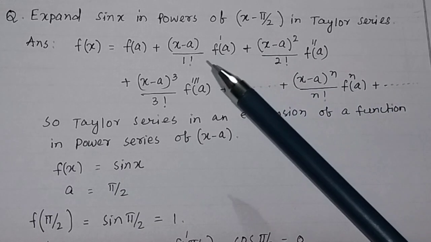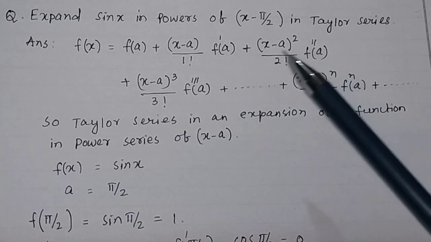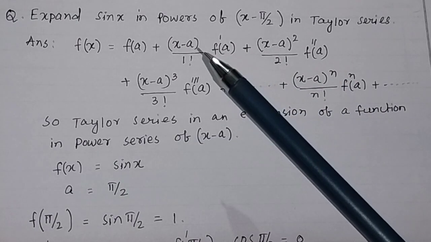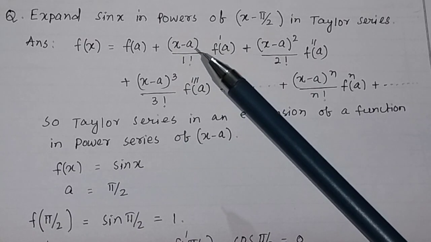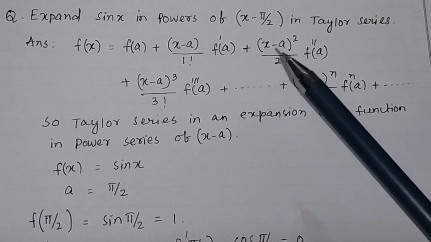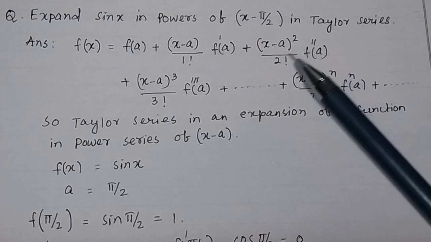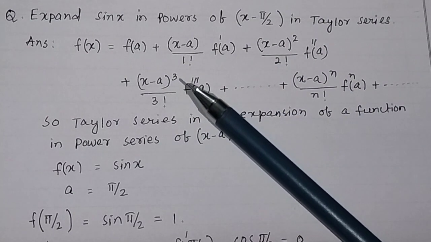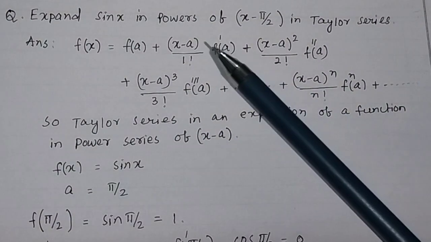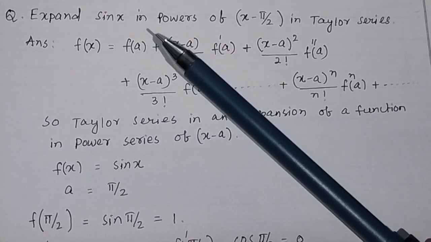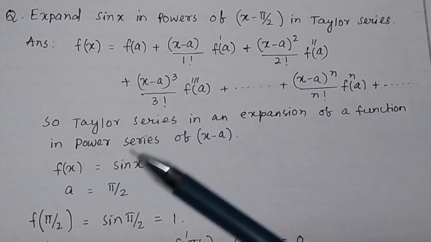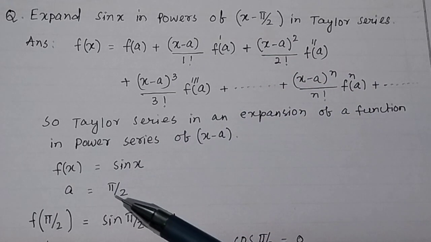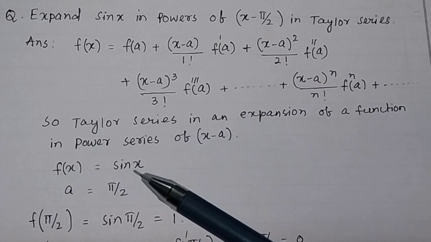In this equation, if you substitute the value a equal to pi by 2, then the powers will be x minus pi by 2 to the power 1, x minus pi by 2 to the power 2, x minus pi by 2 to the power 3, like this. That means we can easily expand the sine function in powers of x minus pi by 2. So here the value a is equal to pi by 2 and the function is sin x.